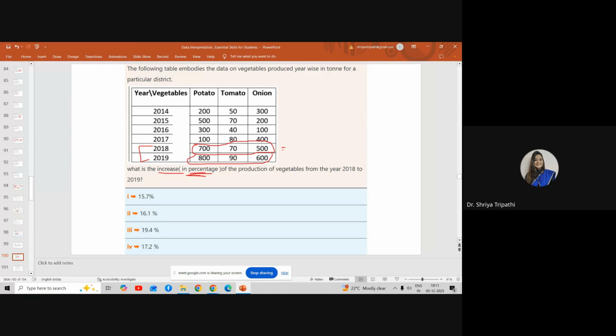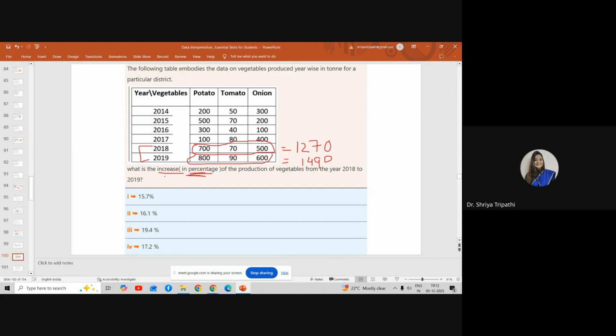If I add 700 plus 70 plus 500, what was the answer previously we got? 1270. And if we add in 2019, 800 plus 90 plus 600, what will it be? 1490. Is it an increase? Yes or no? Yes, ma'am. 1270 to 1490, it's an increase.